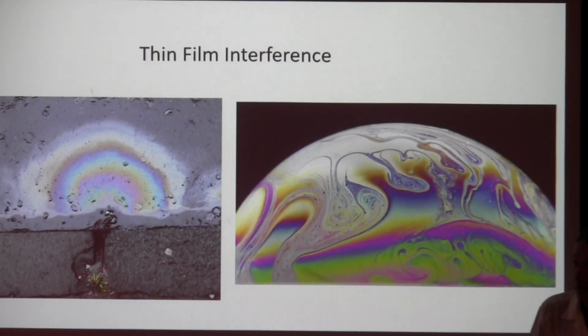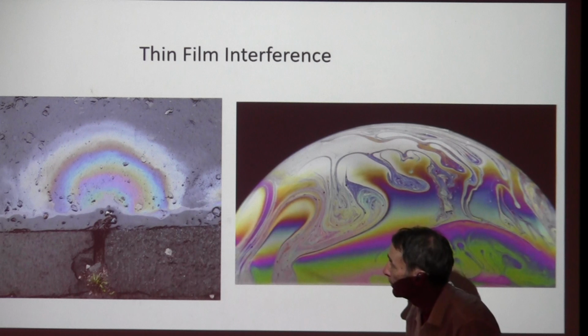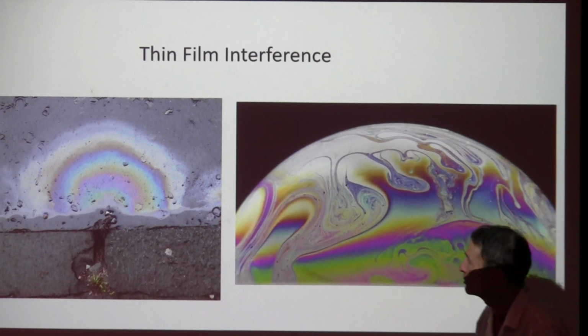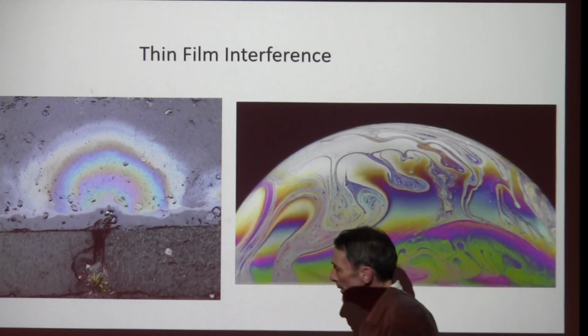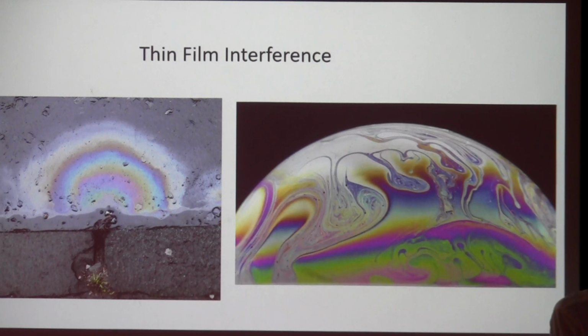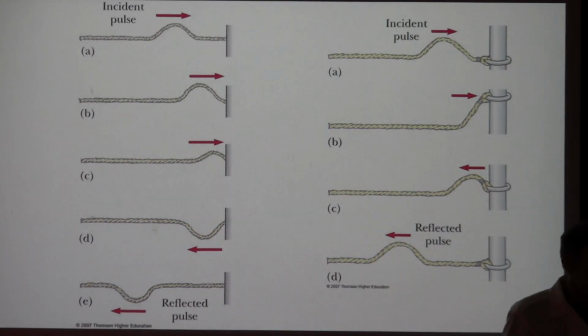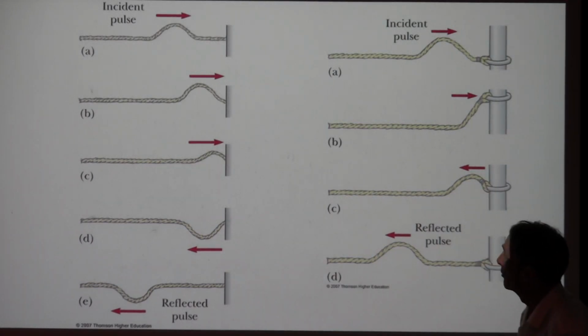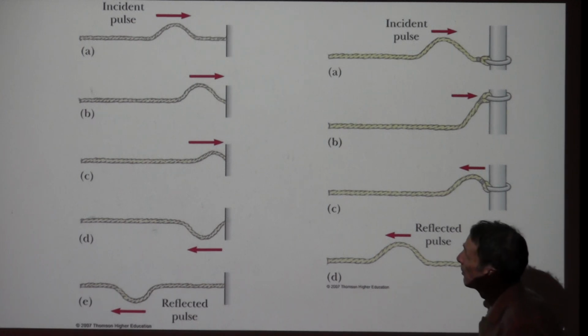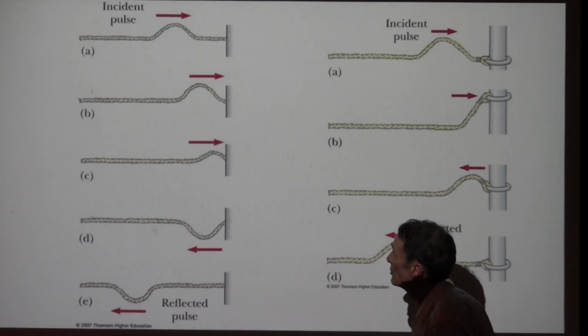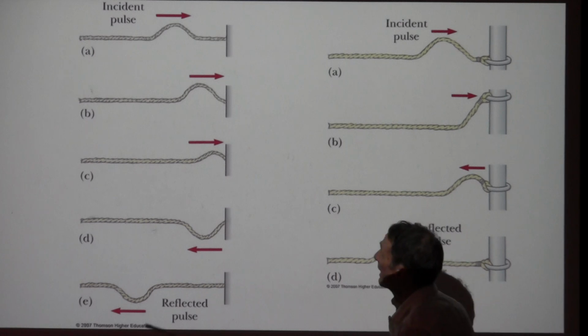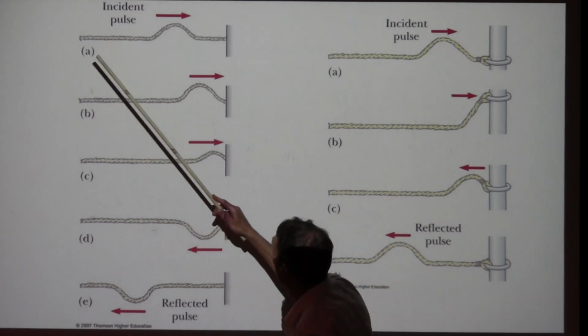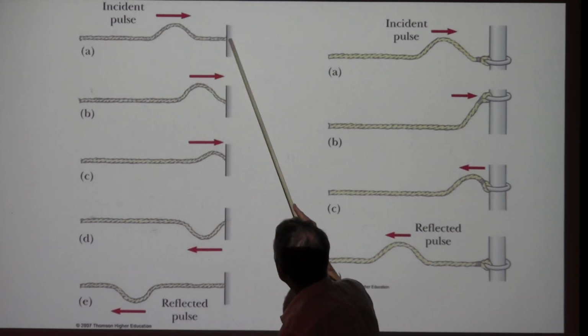Okay, thin film interference. That's the colors in oil or a soap film, soap bubble. The basic idea is that earlier in the first part of the course we introduced phase change on reflection. You could send a pulse along a rope towards a wall.